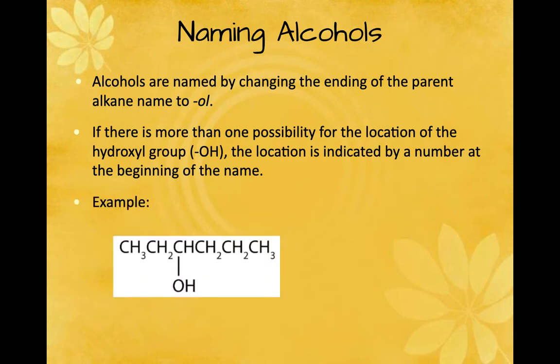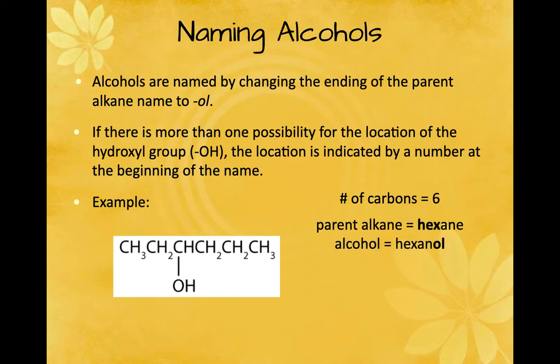If we look at an example, we see the hydroxyl group, so we know that this is an alcohol. We count the number of carbons, and there are 6 of them, which means this is an alcohol that was derived from hexane. That's the parent alkane. Then we add that OL on the end for the alcohol. So it's hexanol: remove the E, add OL.